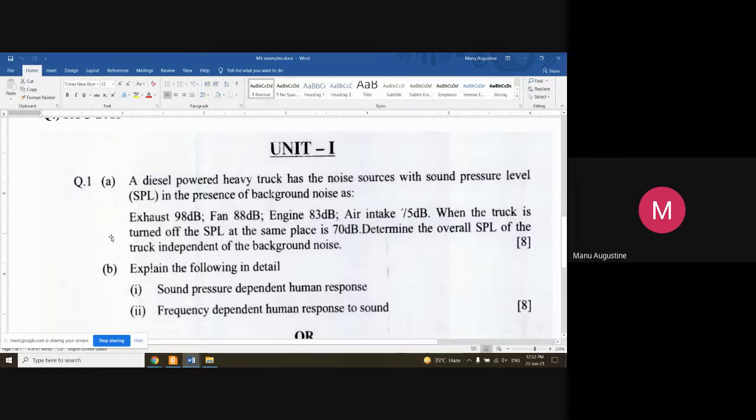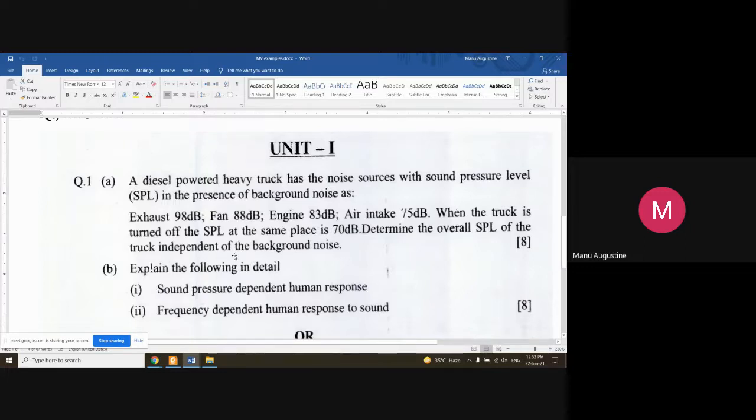So there are two approaches of solving this question. Both approaches will give you the same answer. I will teach you both the approaches, and whichever approach is more convenient to you, you can remember that approach.